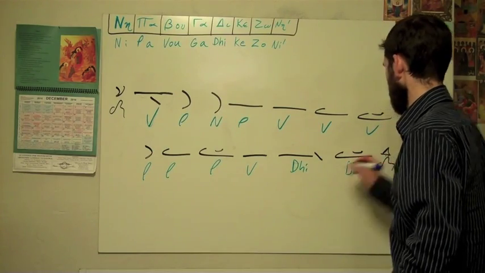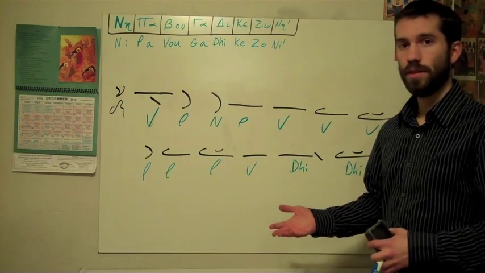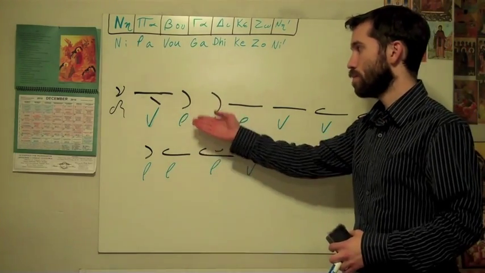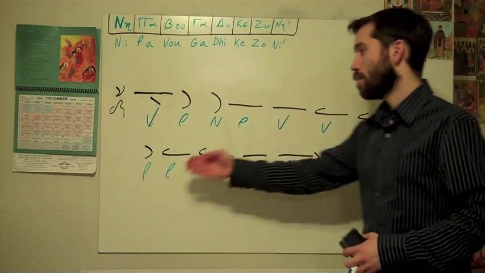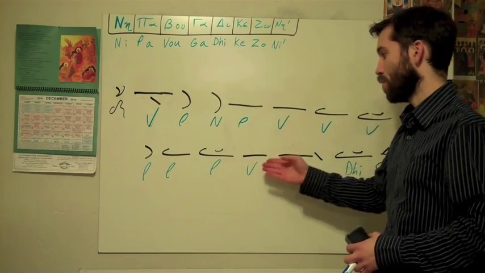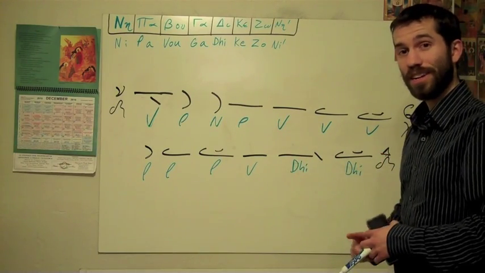So, if we were to sing this, it is our ni, vu, pa, ni, pa, vu, vu, vu, pa, pa, pa, vu. It's Mary Had a Little Lamb.